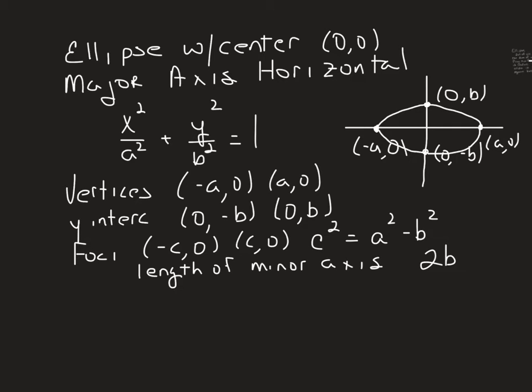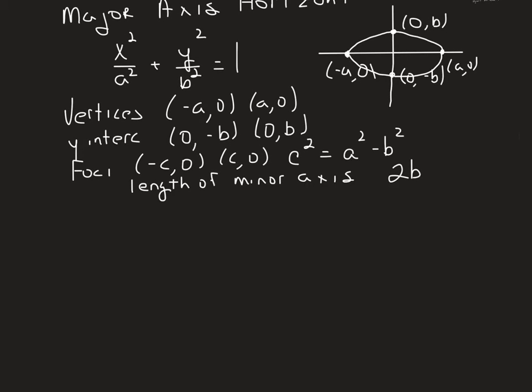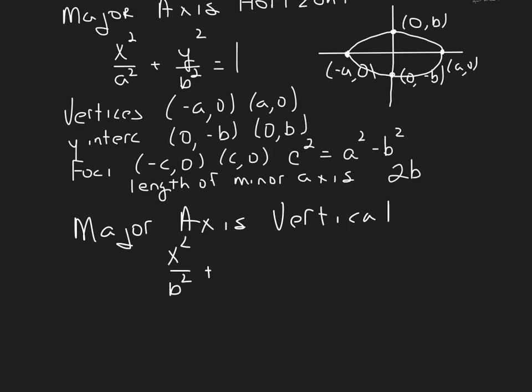Okay, so let's look and see what the equation would be if we have the major axis vertical. It's going to look very similar. The major axis is vertical. The equation is going to be x squared over b squared plus y squared over a squared equals 1.